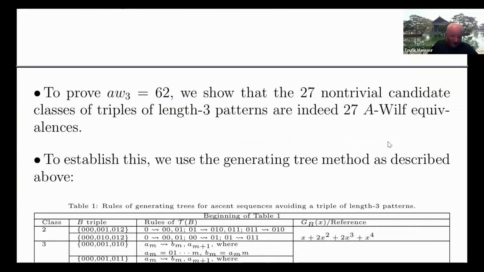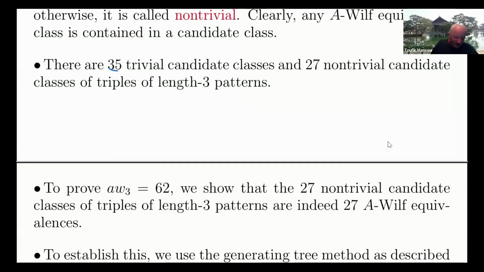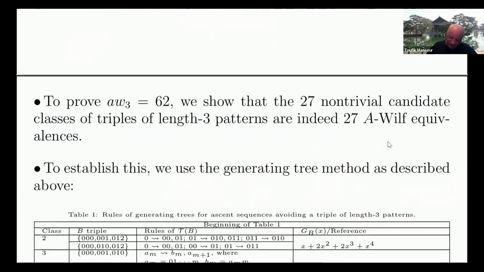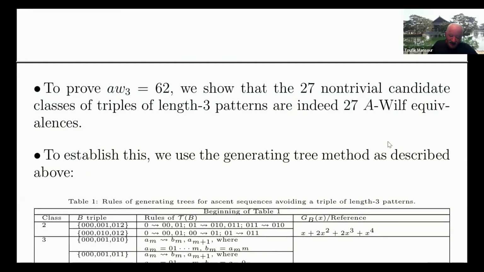And to prove there are 62 Wilf classes, we need to show that the 27 non-trivial candidate classes of triples are indeed 27 Wilf classes, because 35 plus 27 is 62, it's easy. So that means it remains for me to show that these non-trivial candidates are exactly Wilf equivalences.